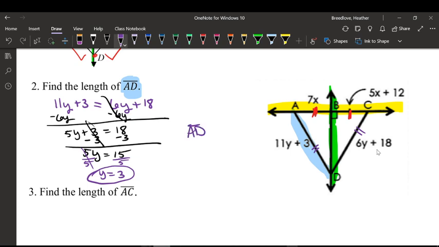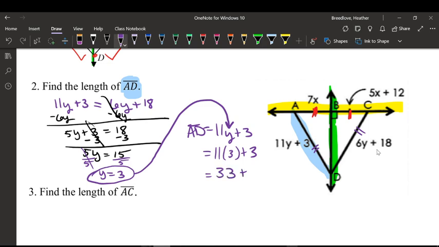And AD, we can see, equals 11y plus 3. So if we take the fact that y is 3 and we plug it in right there for y, then we have 11 times 3 plus 3. So that's 33 plus 3, which is 36.